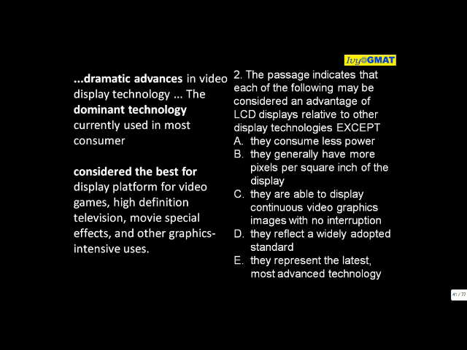Only one option, latest and most advanced. This answer will be correct only if it is given in the passage. Tell me, are these two words anywhere given in the passage, latest or most advanced? Anywhere mentioned? These words must be directly mentioned, then only these can be correct. So this answer is not given in the passage at all.